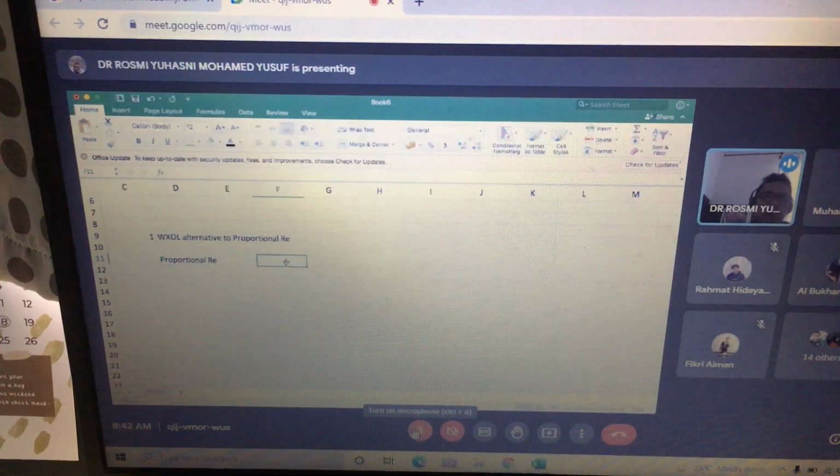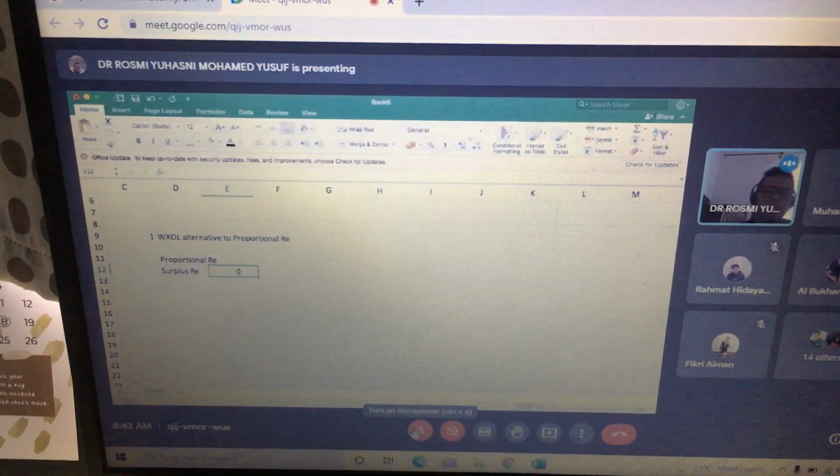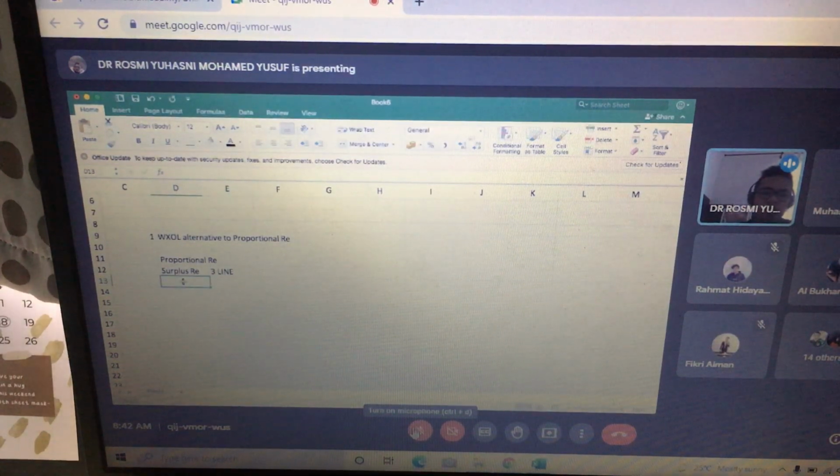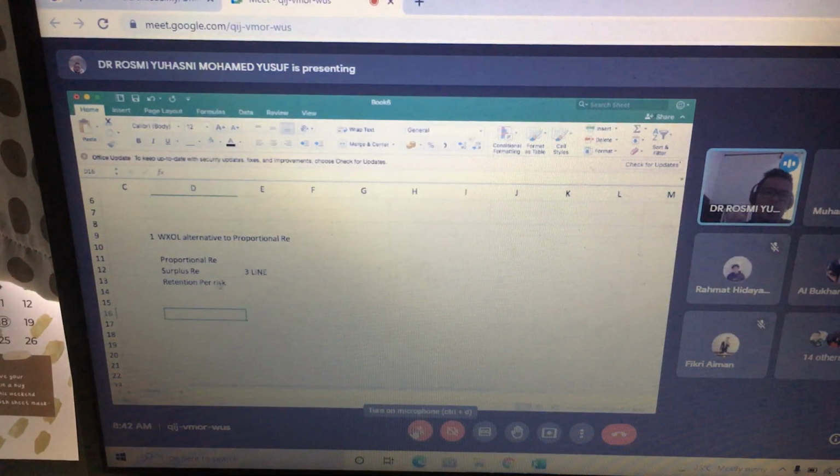Sampel kita ambil proportionally surplus B, given 3 line surplus B with a retention per risk. Retention for each and every risk under surplus 3 is equal to 100,000.